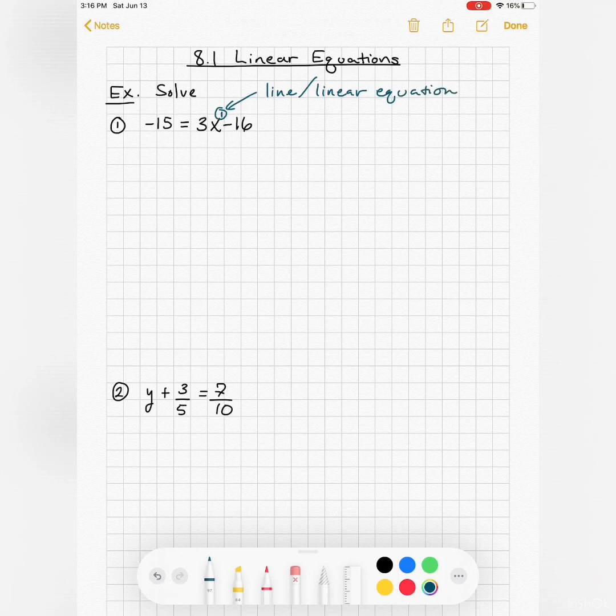So if my goal is to solve, then what I need to do is isolate the x. In other words, get the variable by itself. Okay, so we've done some of this before.